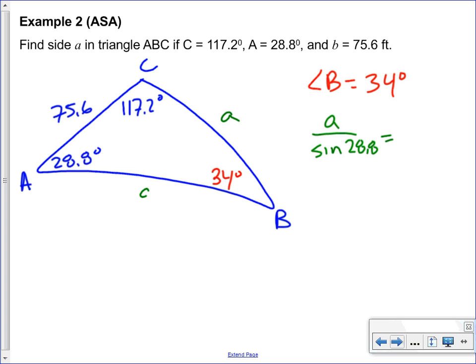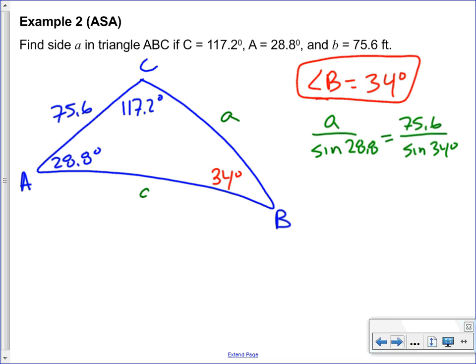The B's, because we know the B's. So what is to what? Is to sine 34, right? This 34 is an answer, so we're done, okay? So set it up equal to a side and an angle that you know.